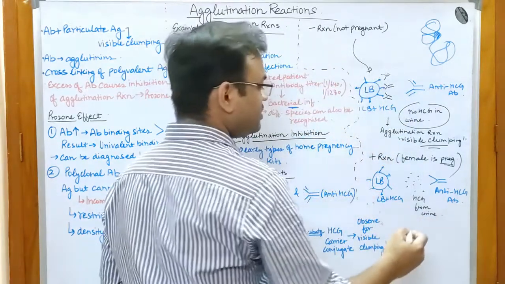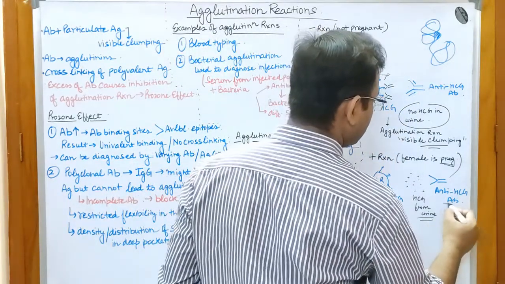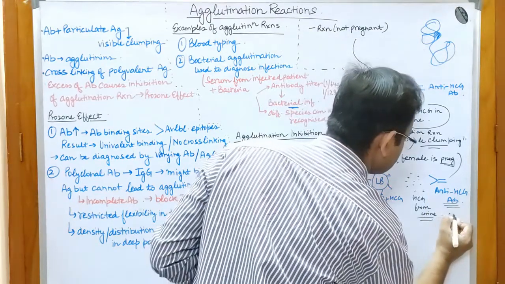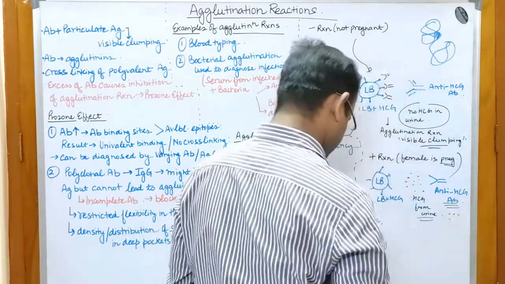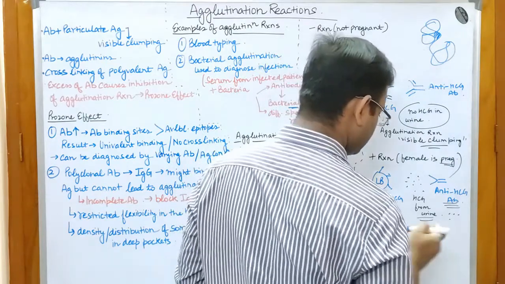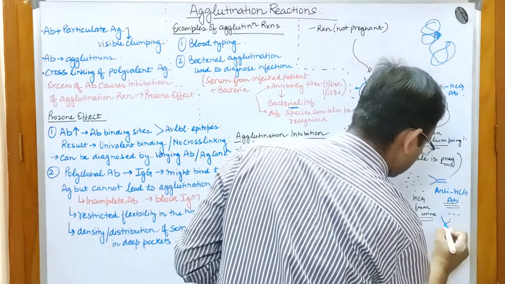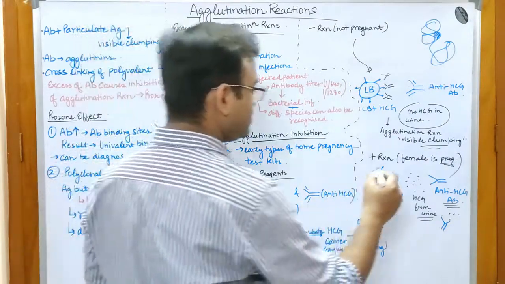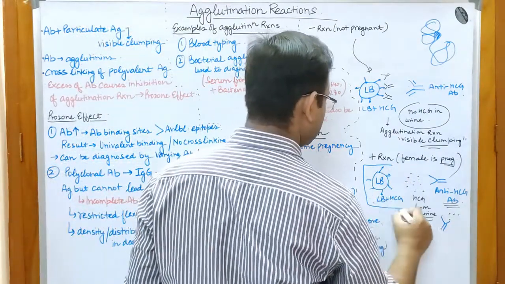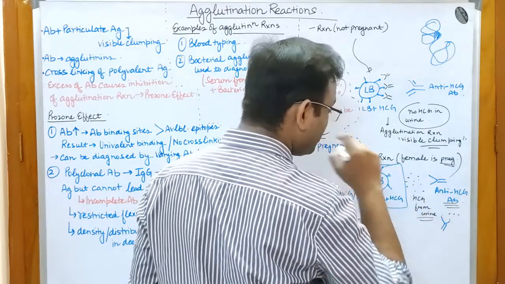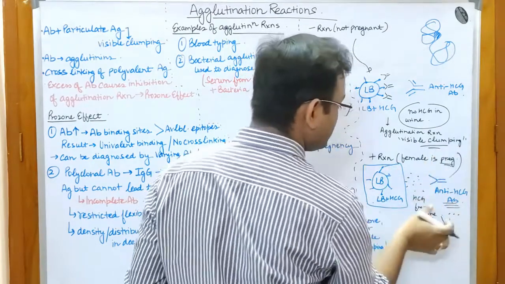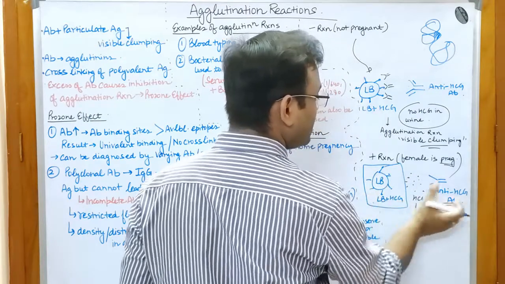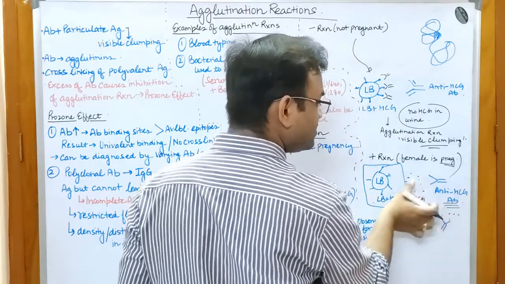Now what will happen? This HCG from the urine and the anti-HCG antibody would combine together just like this. The latex bead plus HCG would not show visible clumping, because they are not bound by the anti-HCG.